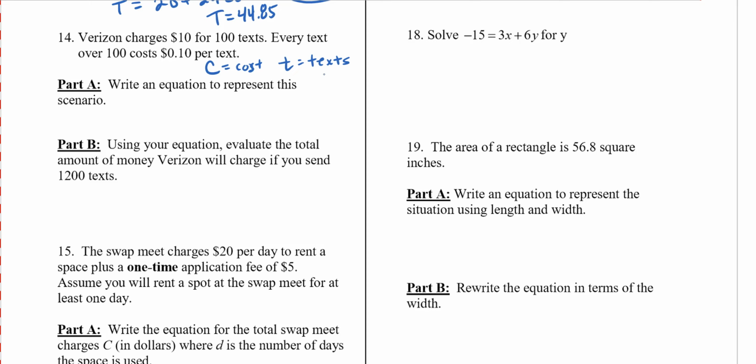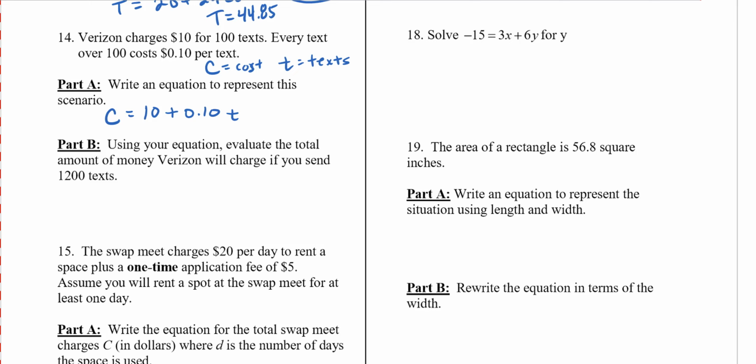Okay. So write an equation to represent this scenario. So C is the total cost. So the cost is $10 for the first 100 texts plus 10 cents. And normally we would just think that it's 10 cents times T. But because we only pay the 10 cents after the first 100, we have to subtract the first 100 texts out of there.